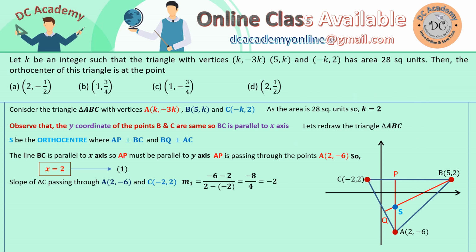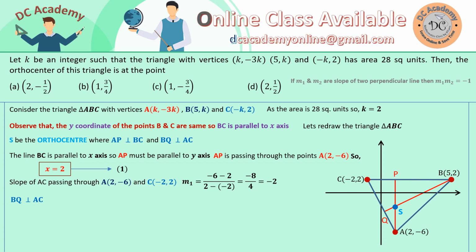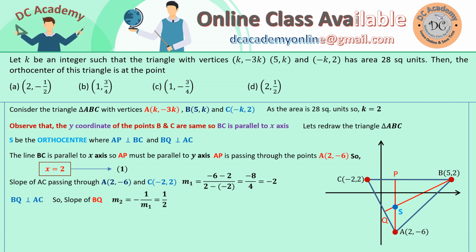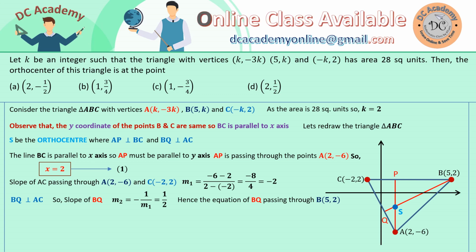That's it. Now we know that BQ and AC are perpendicular to each other, and if two lines have slopes m1 and m2 and they are perpendicular, then the product of the slopes m1 m2 is minus 1. Hence the slope of the line BQ is 1/2. Now the slope is obtained. The line BQ has slope 1/2 and passes through the point (5, 2).